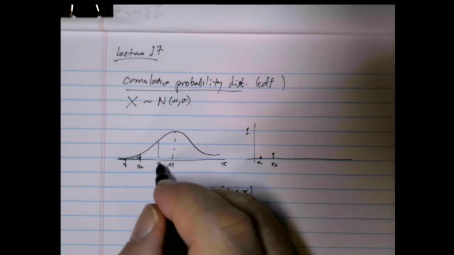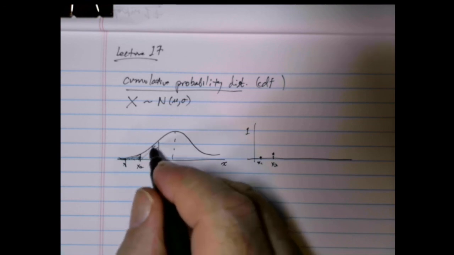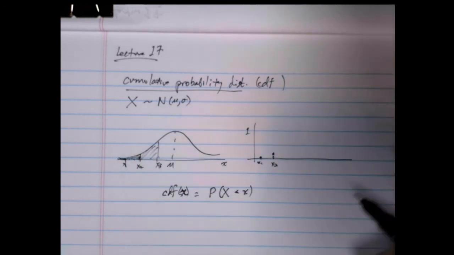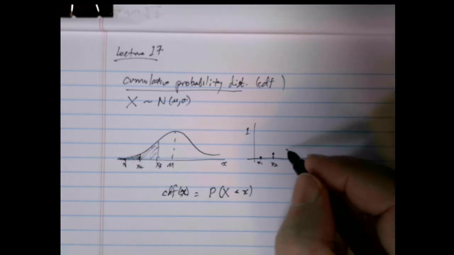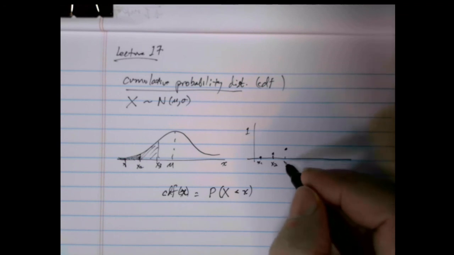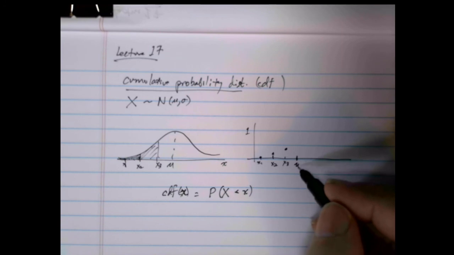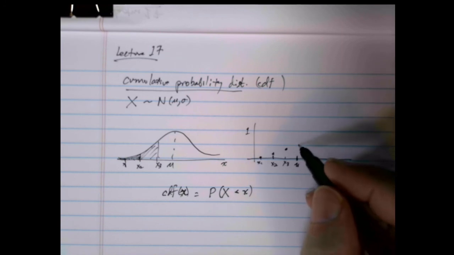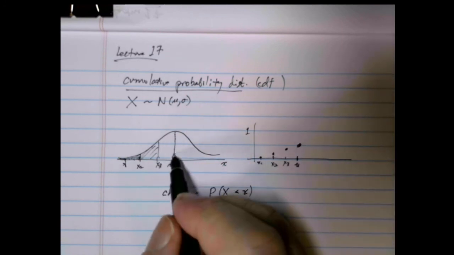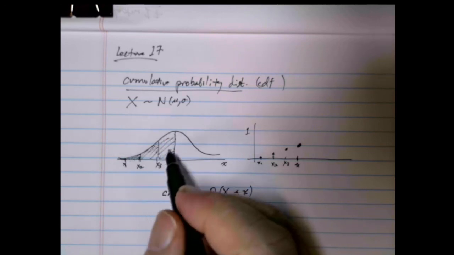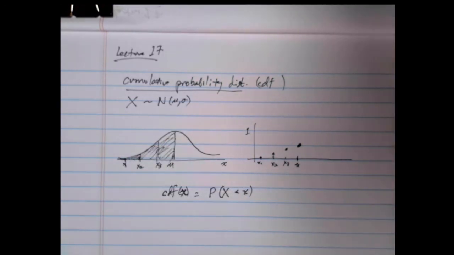Right? We'll put x3 here. x3, well, now we're getting somewhere. This is more like a quarter, right? A big value. When we get up to mu, of course, we got to get to 1/2, because the area to the left of mu, the probability that x is less than mu, is 1/2.